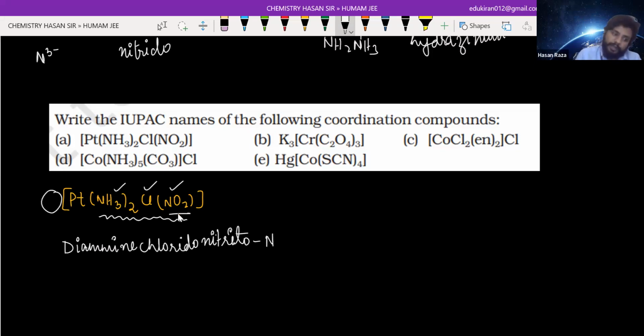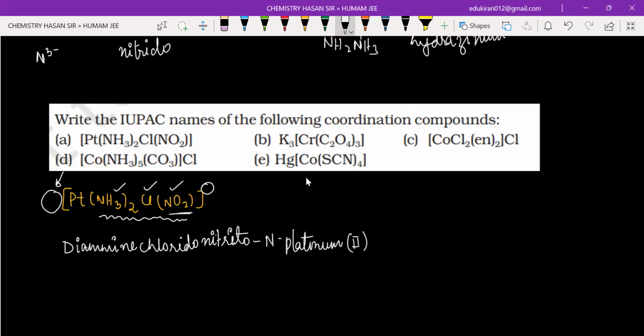If it is written like NO2, that means the donor site is N. So you have to write nitrito-N and then come to platinum. Before writing platinum, look at the charge. There is zero charge, that means it is a neutral complex. So its name will be platinum, and then you calculate the oxidation state. It will be 2. Is that clear, both of you?